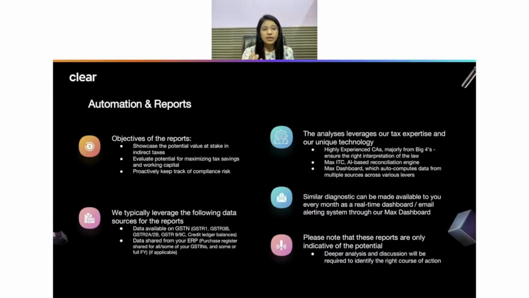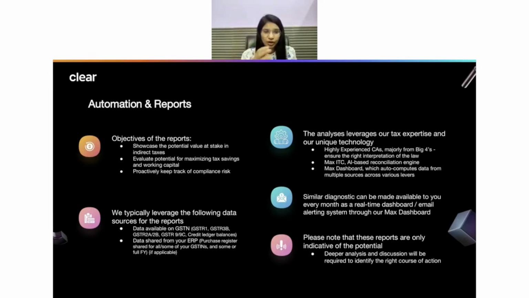And even if you have received the notices, that will help you make a proper reply to the department, and you have a proper calculation trail, proper documentation with you. A very simple example: today we keep saying that in 3B we are claiming some ITC, but that is just one value. Let's say I've claimed 1,20,000, but that value corresponds to certain invoices.